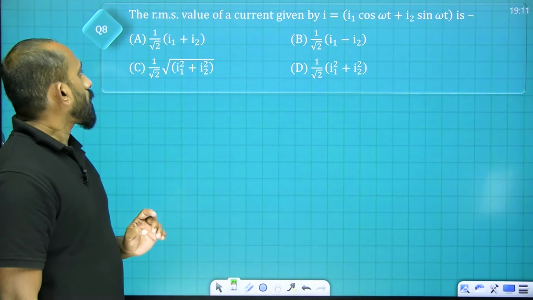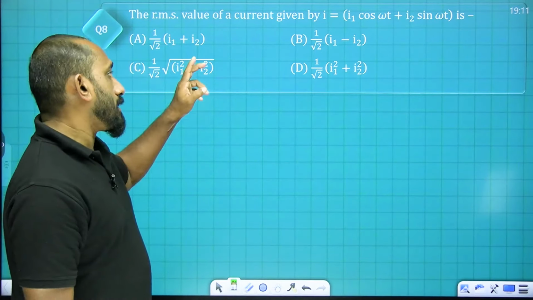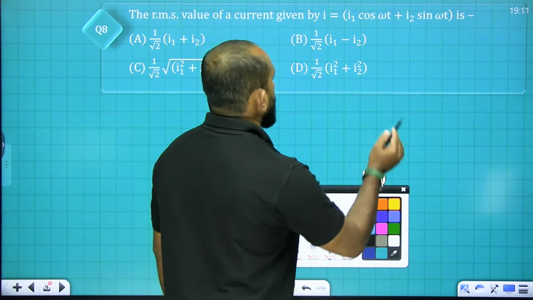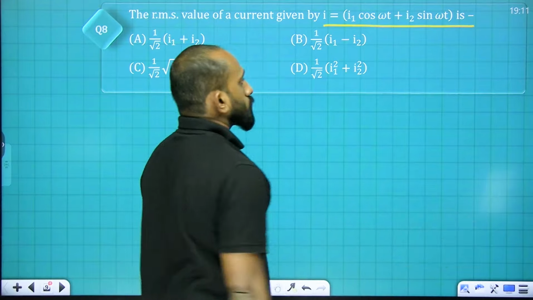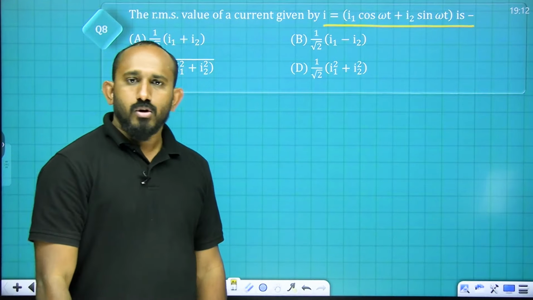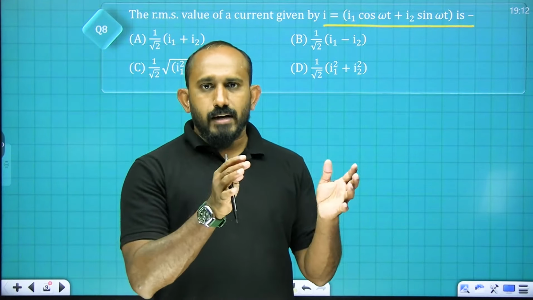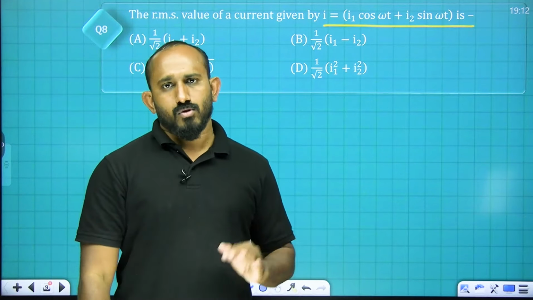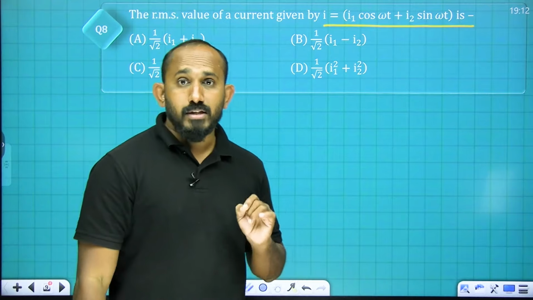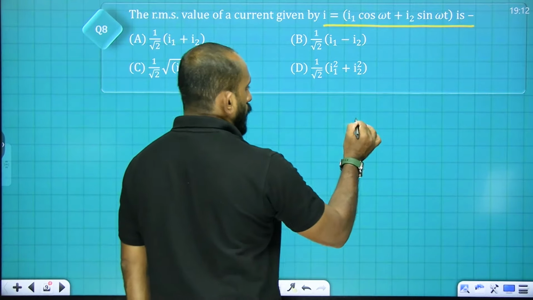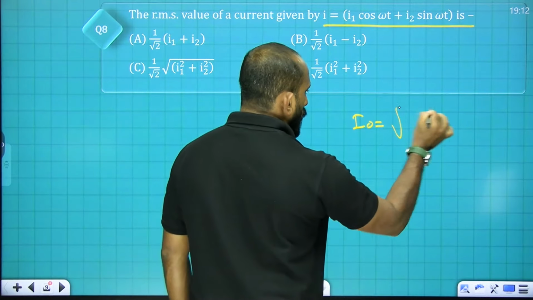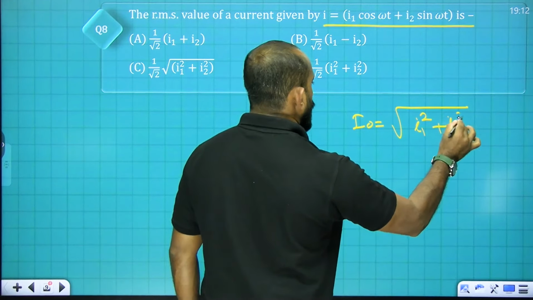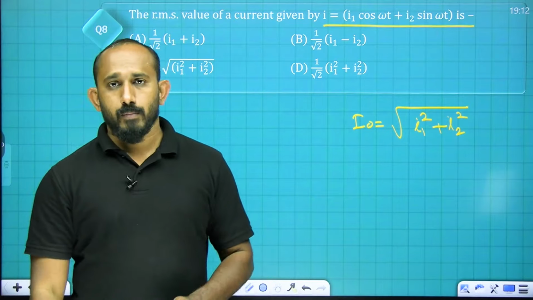The RMS value of current given by I is equal to I1 cos omega t plus I2 sin omega t is. So, the value of current and voltage is a sinusoidal function, so it may be both sine as well as cos. Then, the amplitude I0 will be equal to root of I1 square plus I2 square, the peak value.